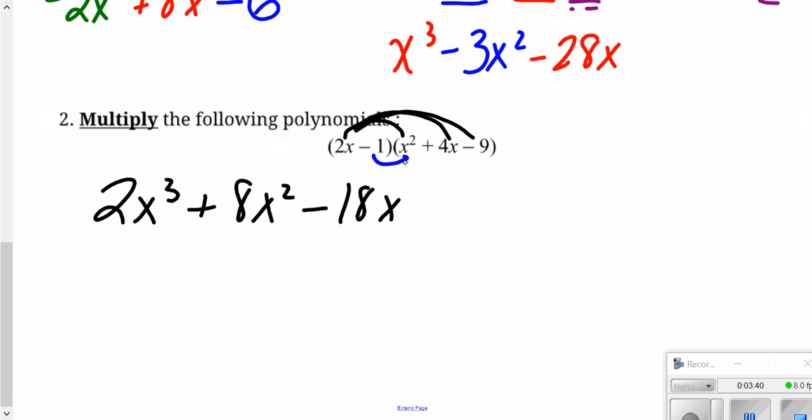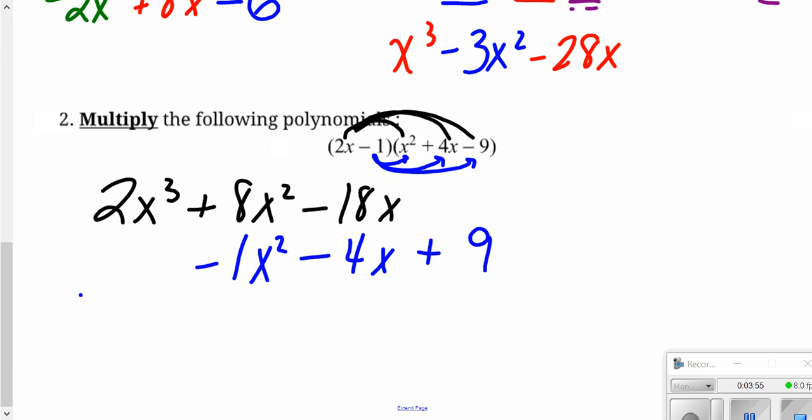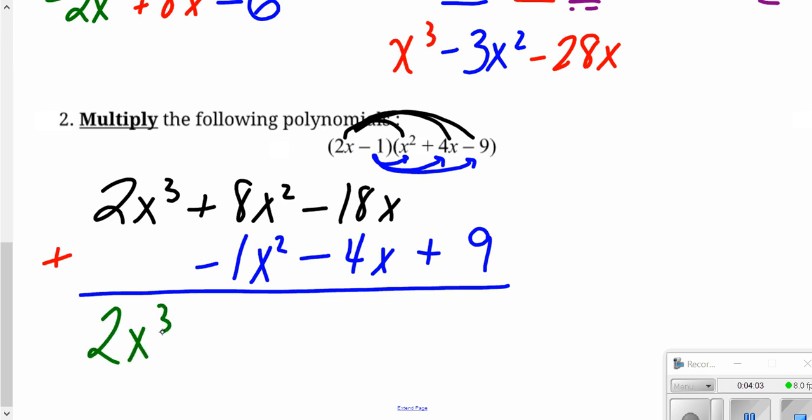So -1 times x squared, I'm going to write -1x squared and put that underneath the other x squared term I already have. -1 times 4x is -4x. Then -1 times -9 is +9. And then we are combining like terms, so it's like we're adding. Okay, so 2x to the third. Combine my x squared terms, I get plus 7x squared. Put my negatives together on my x, combine my x term, and that's -22x plus 9.